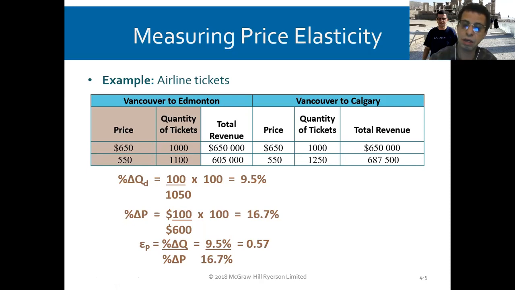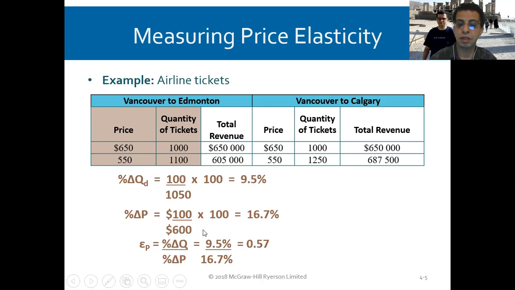You do the same thing for the price, with the same approach: the price goes from 650 to 550, then you have a 100 difference. And if you add them together, because you need to calculate the average here, the average is 600.